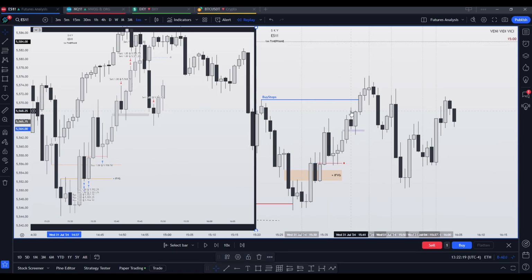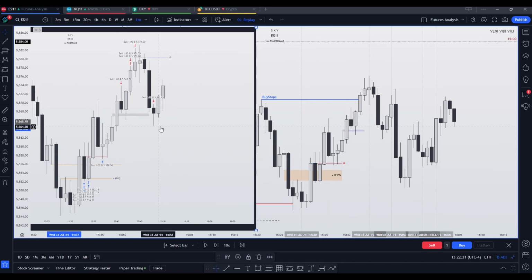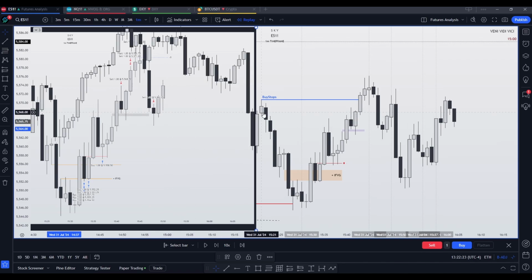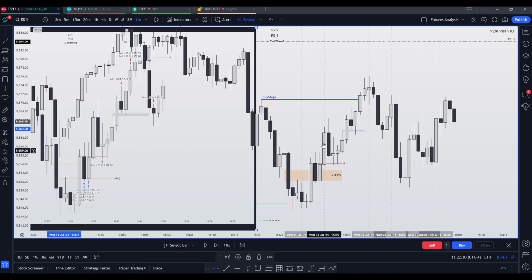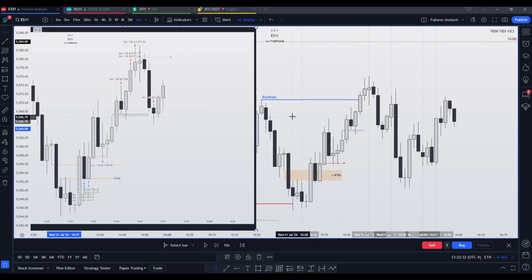Took a partial right here, so I was already on a safe position. You know, partials never fail. You never lose on a partial, so why not, if you're already on a good placement, just to save up.